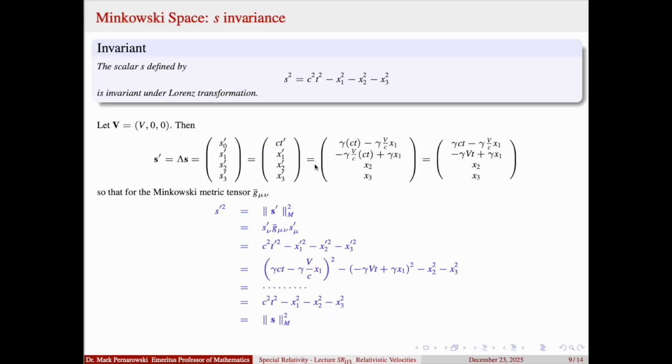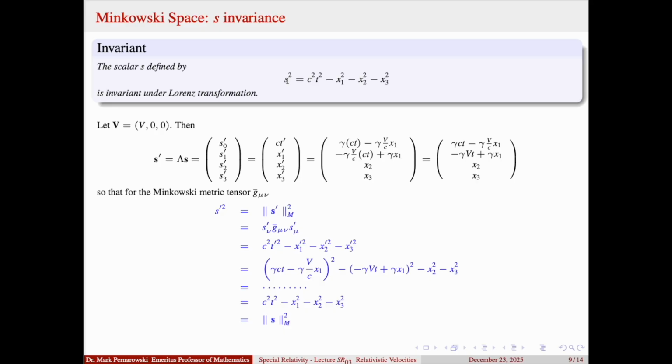What's key is that on these hyperboloids where S is a constant, this S is invariant under Lorentz transformations. What that means is that S squared in K coordinates will equal S prime squared in K prime coordinates.